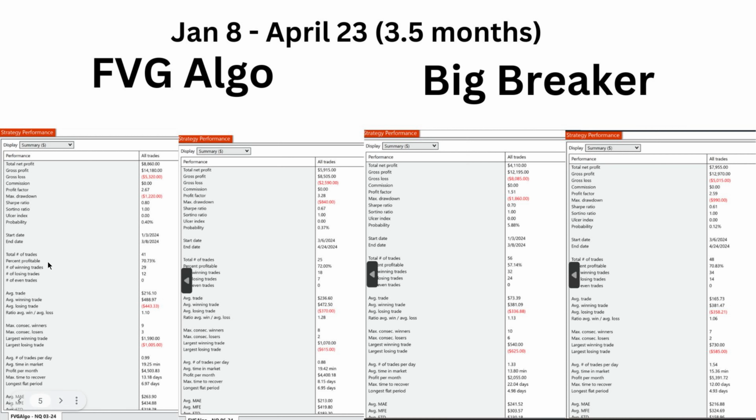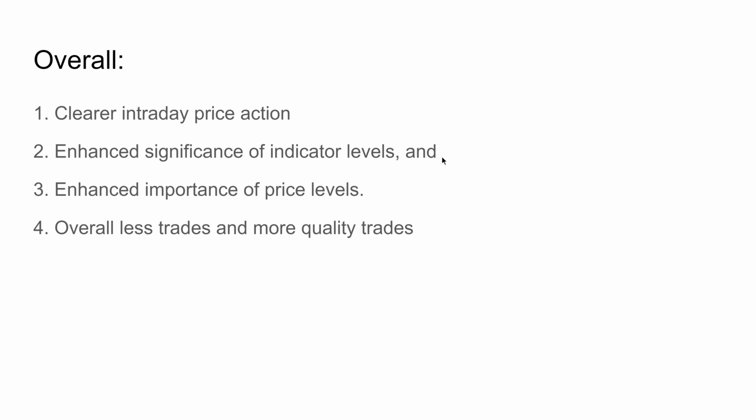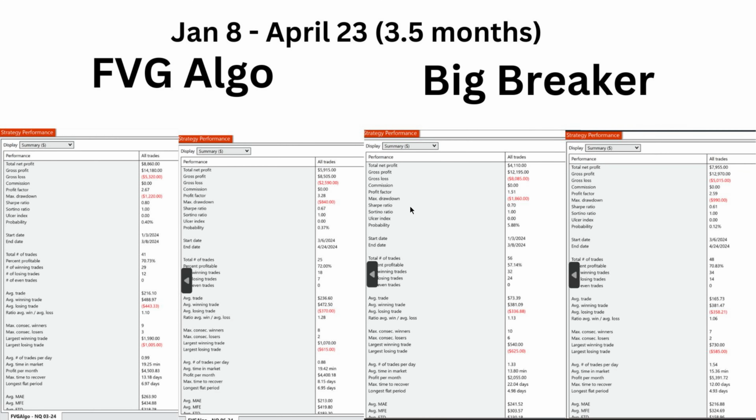And look at this percent profitable. There is a 70% profitable. The first section is because there was a contract rollover, so this was from January until March, and this second set was from March till April. Same thing here, January till March and March till April, second set.